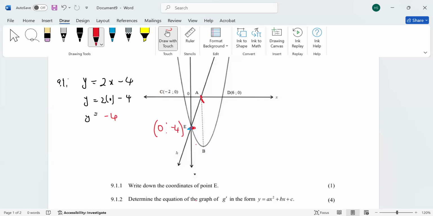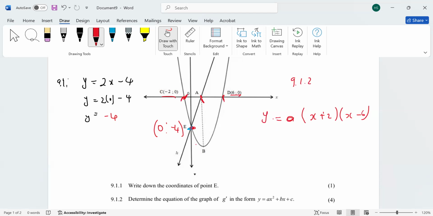Determine the equation of the graph of G in the form y equals ax squared plus bx. If we look at this G, it has x-intercept number 1 and x-intercept number 2. So with 9.1.2, we have y equals a, open bracket, x plus 2, and the other one, x minus 6.